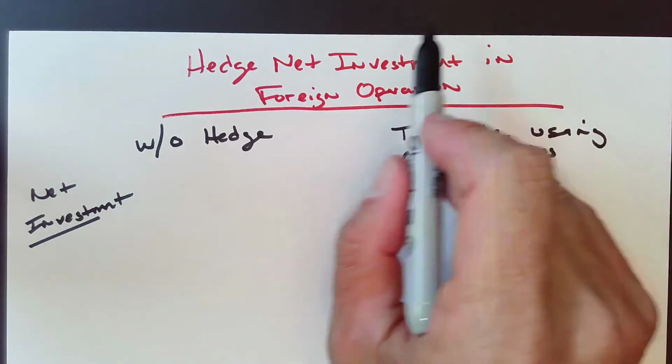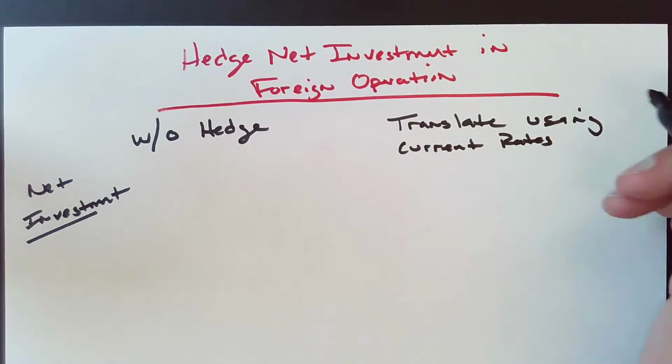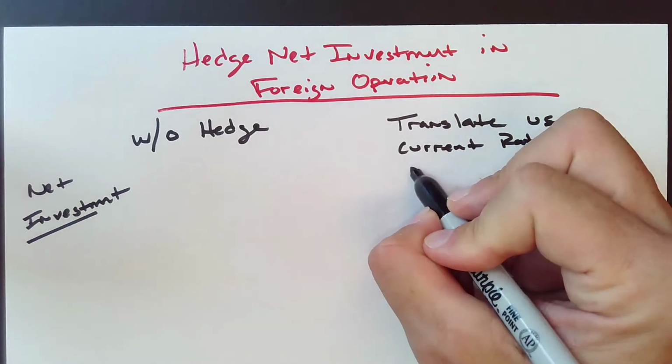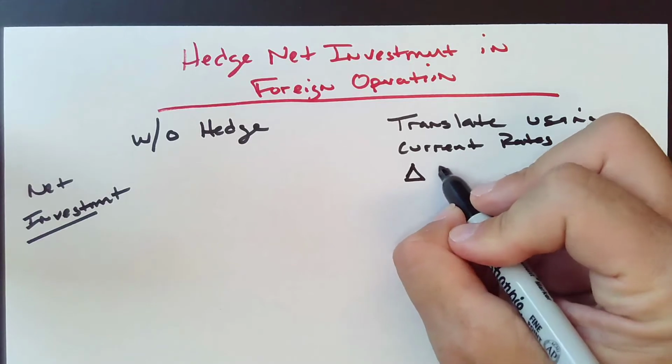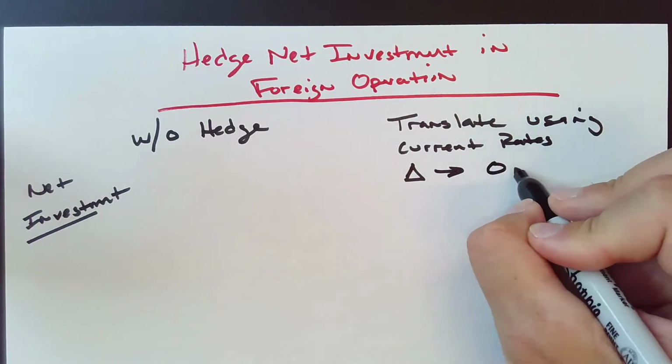But we're talking about the net investment, so that's just really our net assets or our equity. So we're going to translate using current rates, and any gain or loss in this translation, the changes go to OCI.